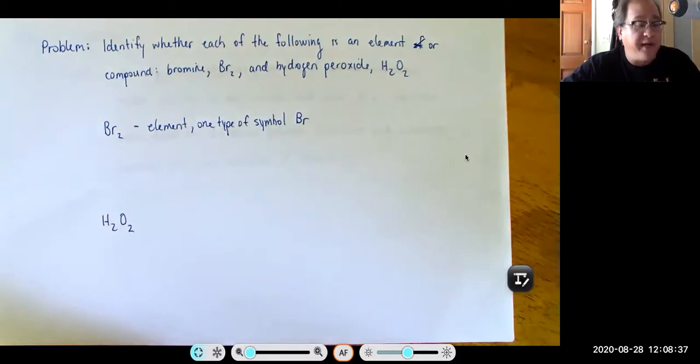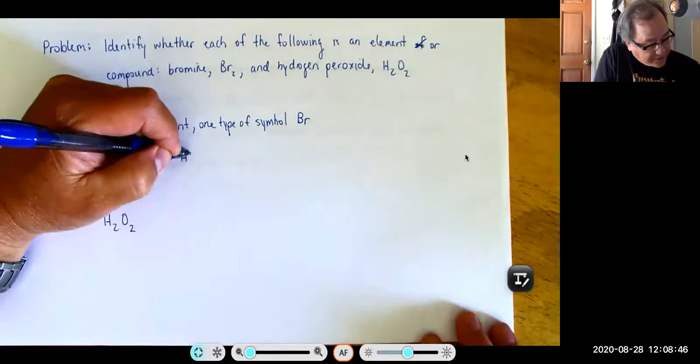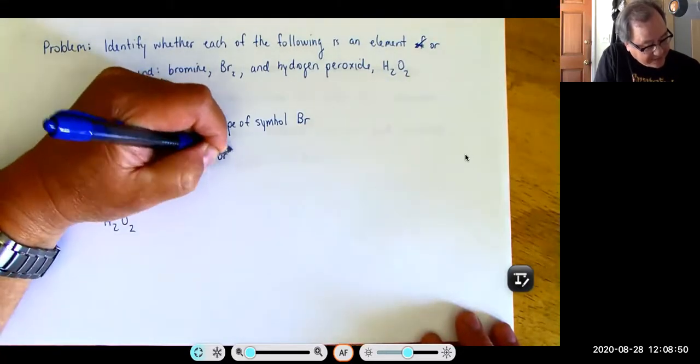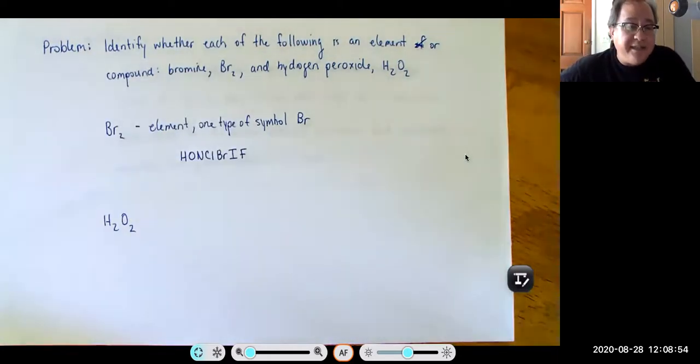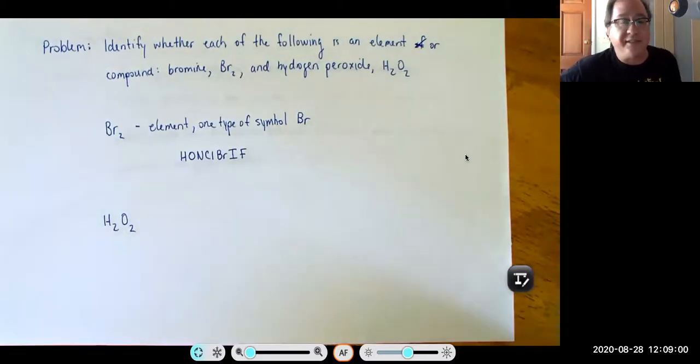You always find them in pairs. There are 7 elements like that: hydrogen, oxygen, nitrogen, chlorine, bromine, iodine, and fluorine.